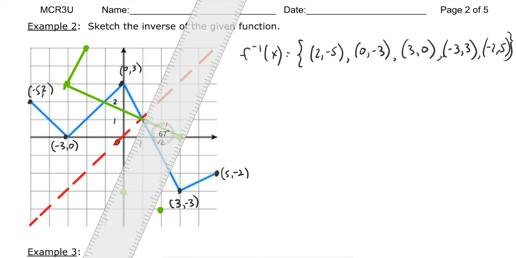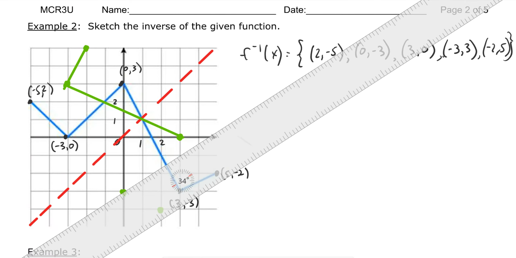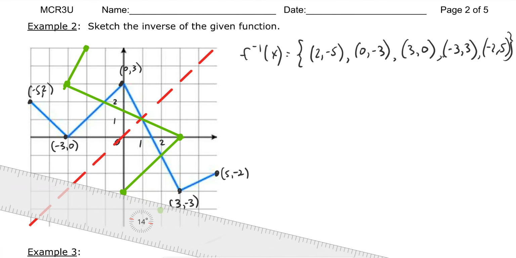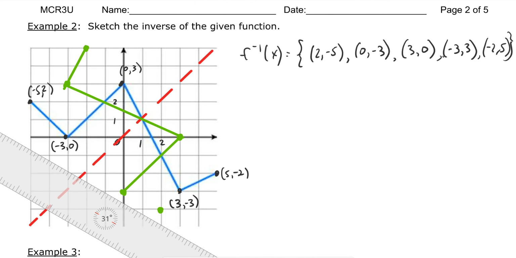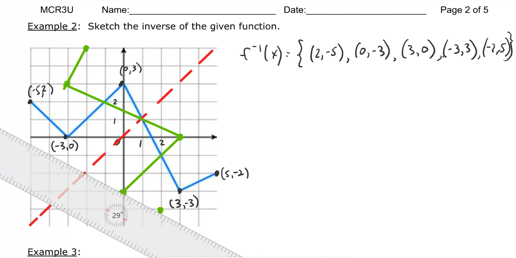And then we have another one over here. And then another one over here.